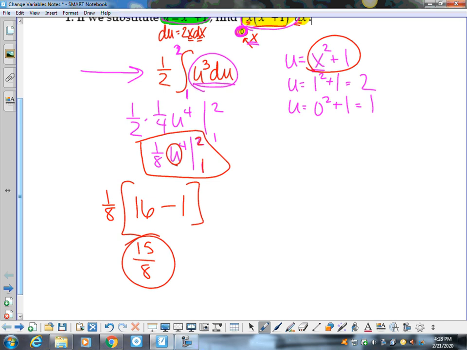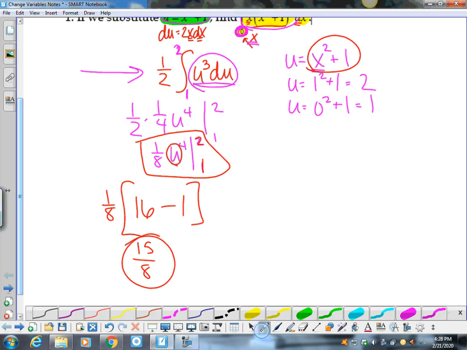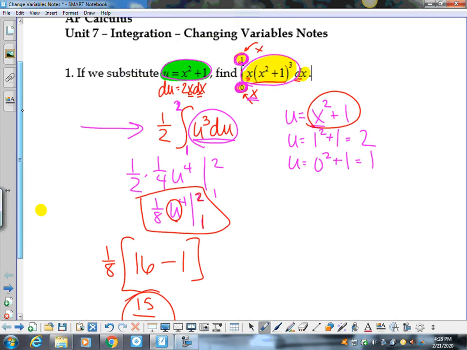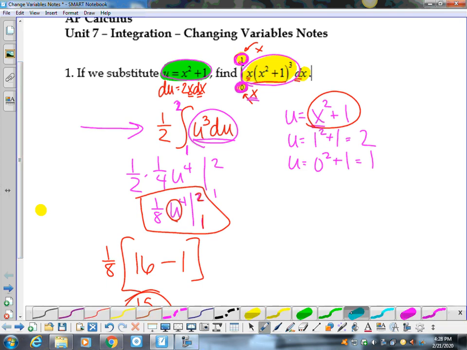That's it. So the point of this is I took my original problem, the yellow, and I put it in terms of u.